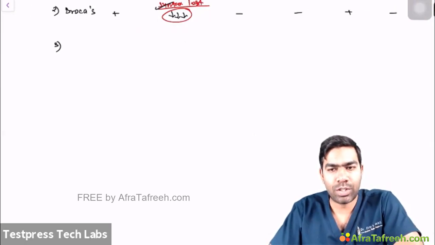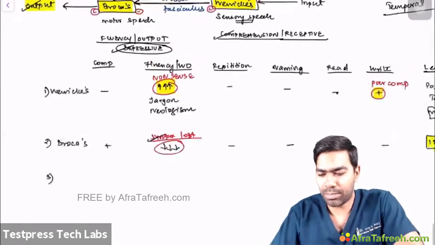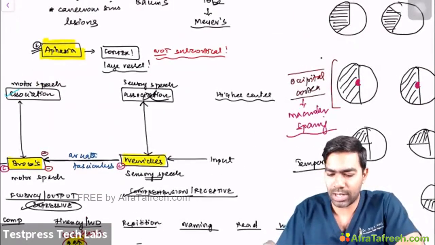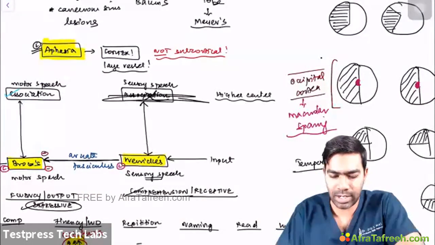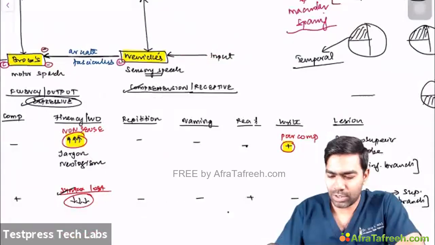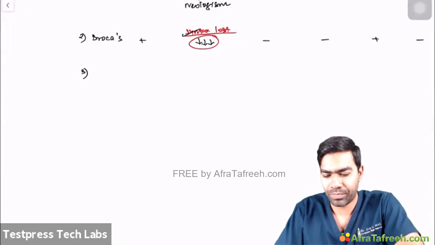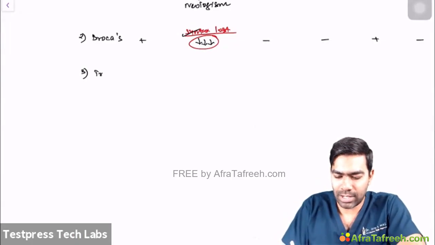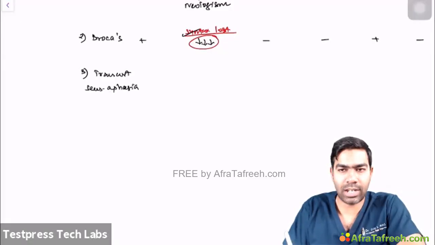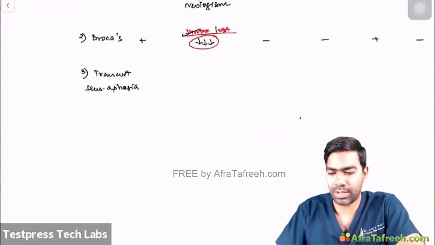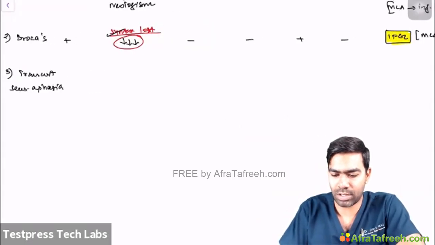Fine. Now, let us assume your association areas are taking a hit. These areas are getting lost. Whenever the sensory speech association area is damaged, that's called a transcortical sensory aphasia, which means the association area that communicates with Wernicke's area is lost.